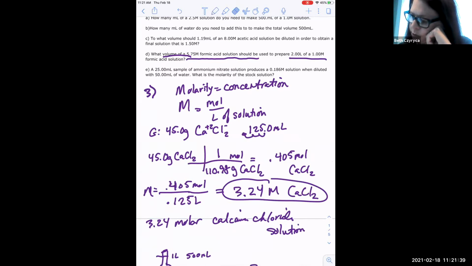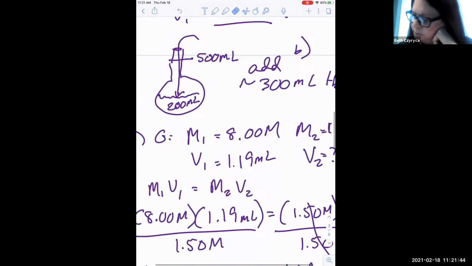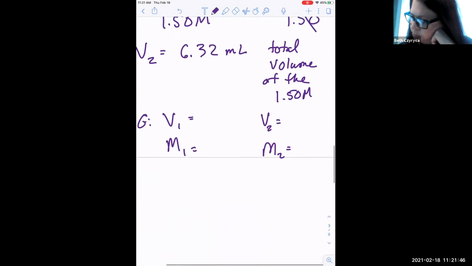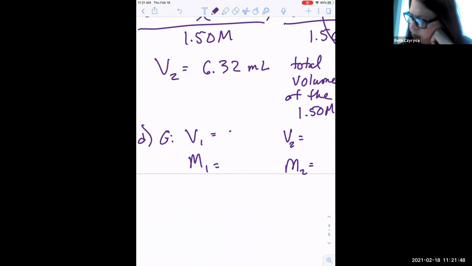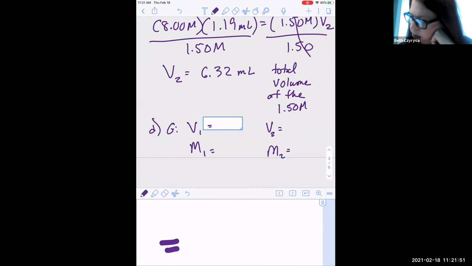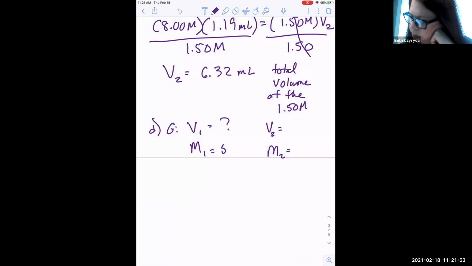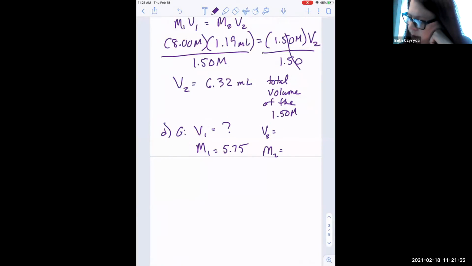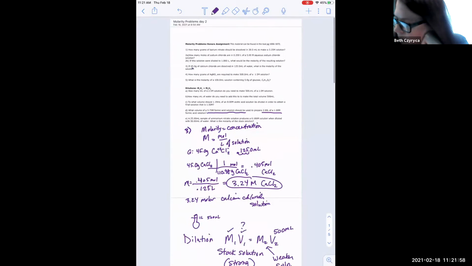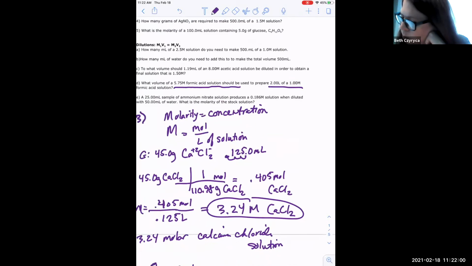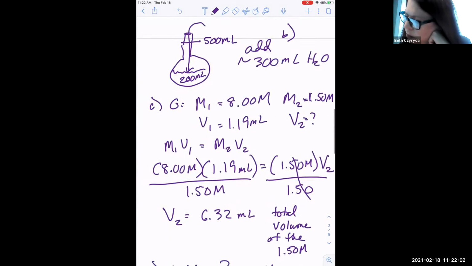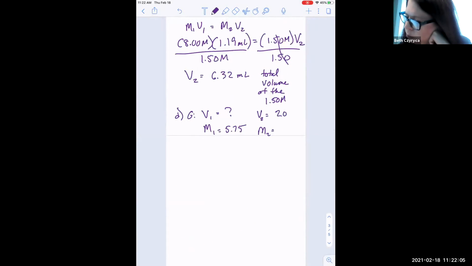All right, so the volume is what we're looking for of a 5.75. And then we have 2 liters, 1 molarity, 0.1.